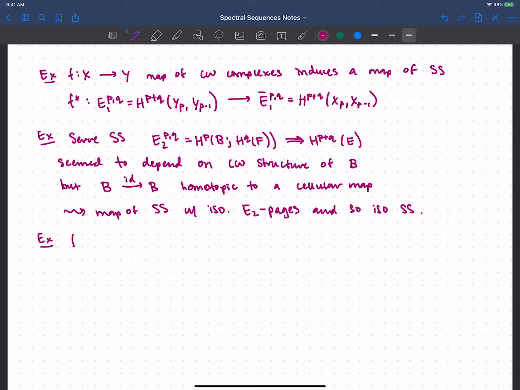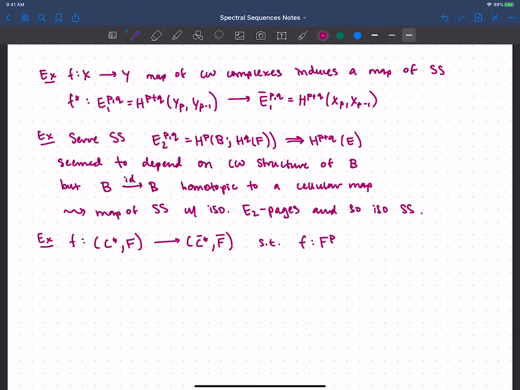Another good example, which we'll come back to, is if we had, say, some chain complex or cochain complex with some filtration, and we had a map to a different cochain complex with some other filtration. As long as this map is compatible with the filtrations, so that means that the induced map, I'll still call it F. It's a little bit lazy. I was even kind of lazy about that too. Here I call this just F upper star.